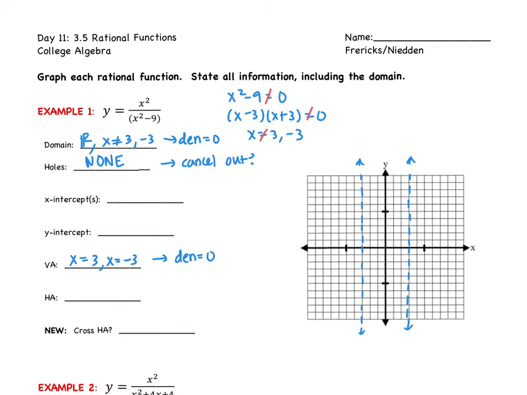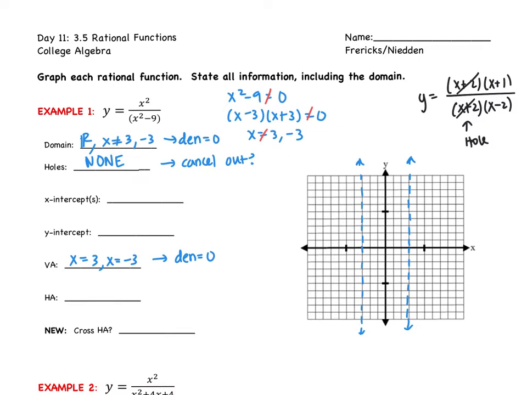So if instead, let's say we were looking at something like this, and our denominator, we factored it and we got this. Okay, these cancel out, that would give us a hole. Yes, you can. Good question. Definitely can have multiple holes. It's not very frequent, but yes, you can.